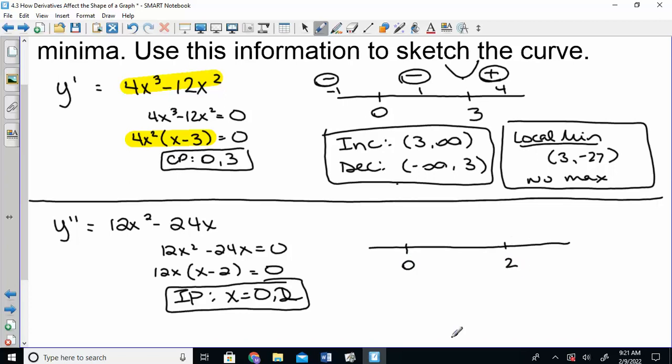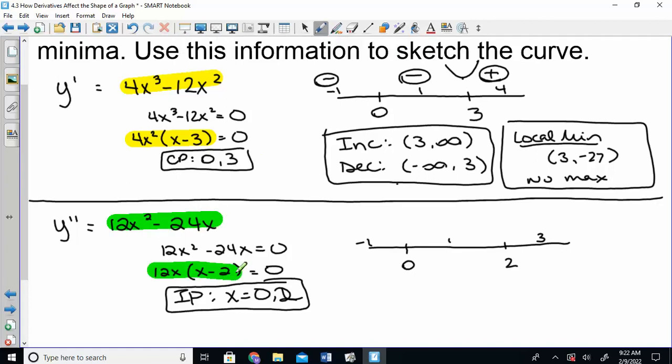So to figure out the concavity, we need the sign line. All right, so smaller than 0, in between 0 and 2, bigger than 2.